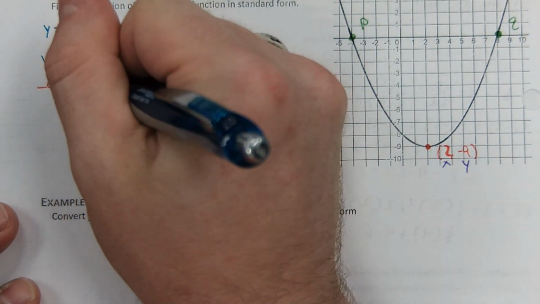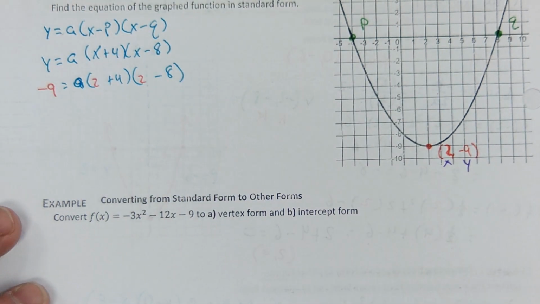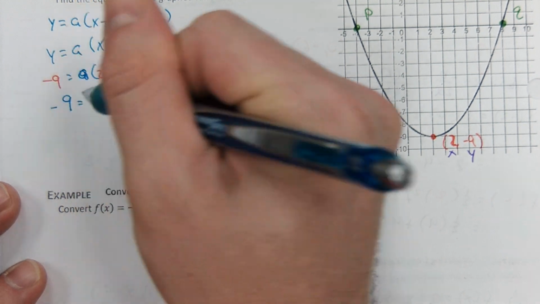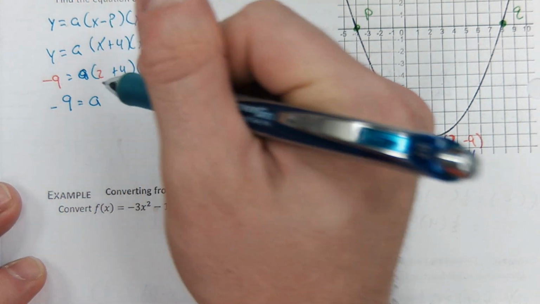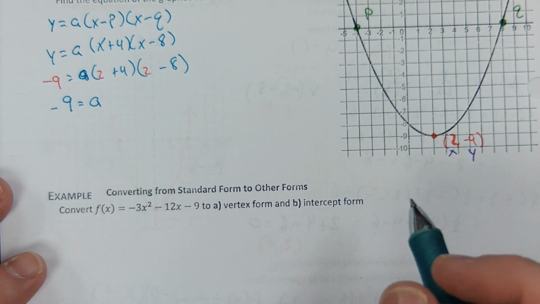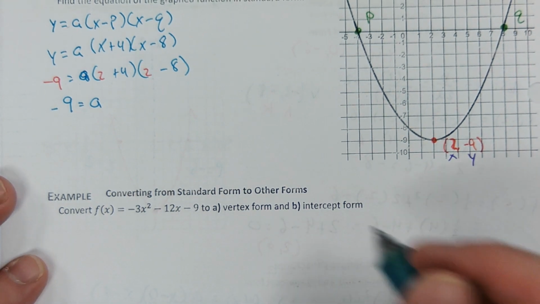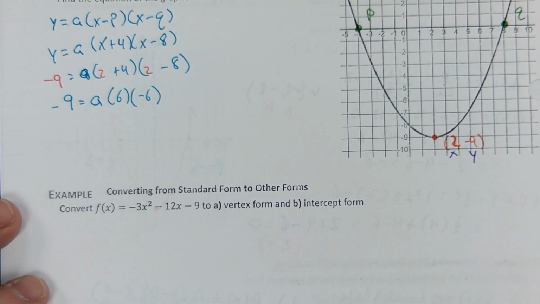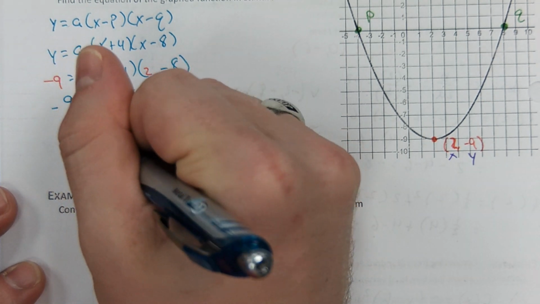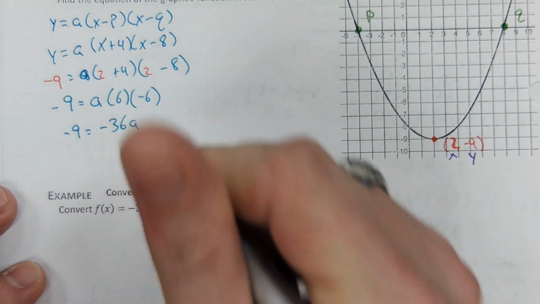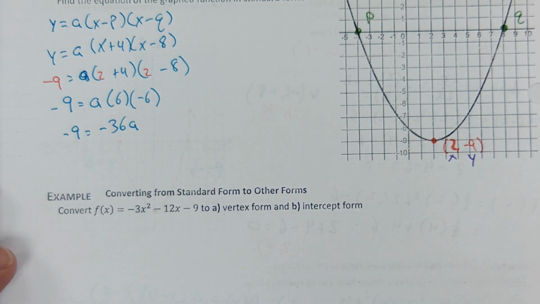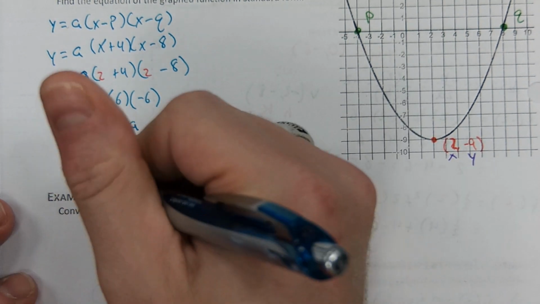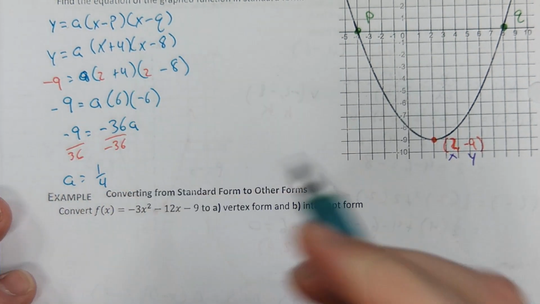That's an a, not a 9. -9 equals a times 6 times -6. Divide both sides by -36 and reduce your fraction. I don't want a decimal, I want a fraction. a is +1/4.